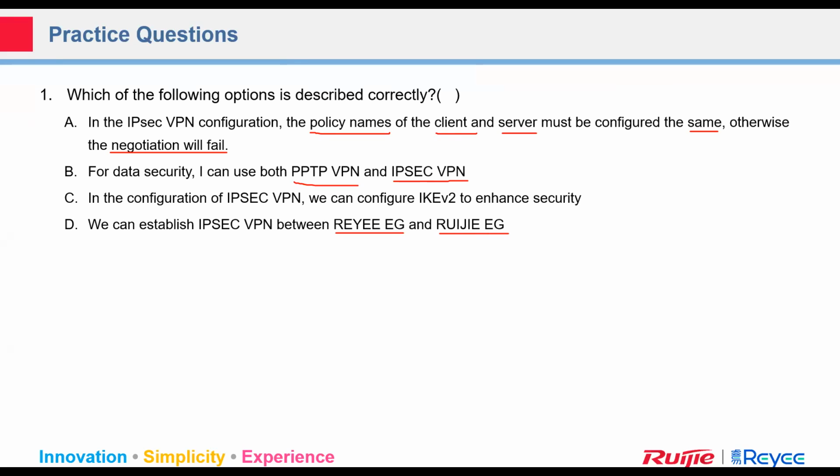So between C and D, the correct answer for this question is D. You can establish IPsec VPN between Reyee EG and Ruijie EG router. So C, this is required by default. I think answer C is wrong.